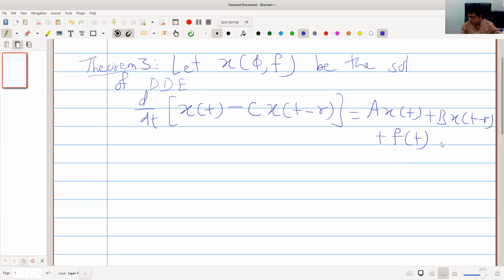This is equation number 4 in the previous result, so we call it 4.